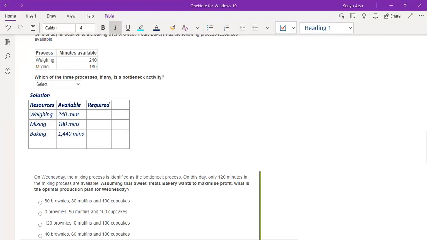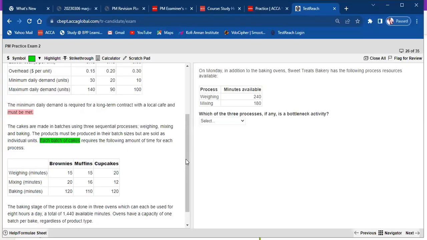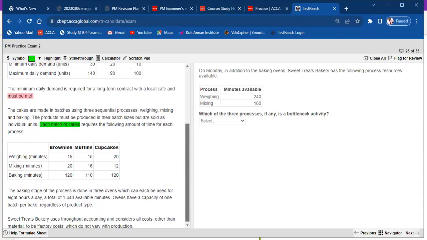Friends, look at the resource requirements. In the weighing department or process, brownies, muffins, cupcakes require 15, 15, 20 minutes respectively for each batch of cakes.